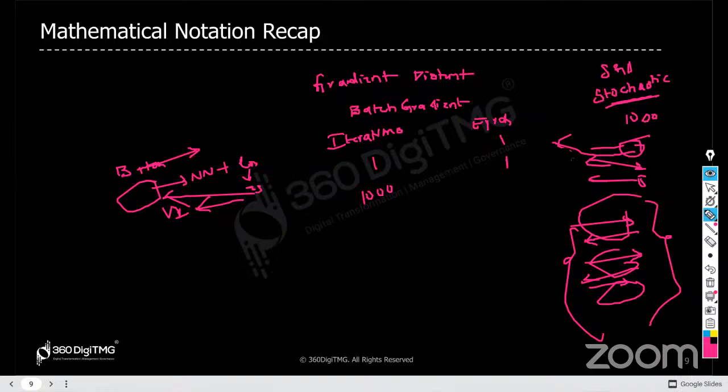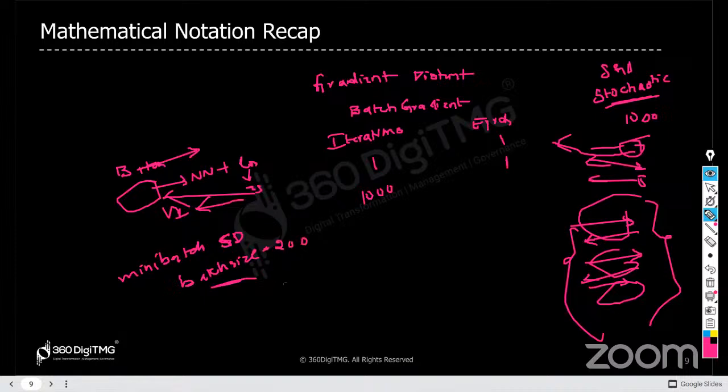And coming to the third one, we have the mini batch gradient descent algorithm. Here you need not send all the observations. You have to define a batch size. Say I have 1,000 observations and my batch size is 200.